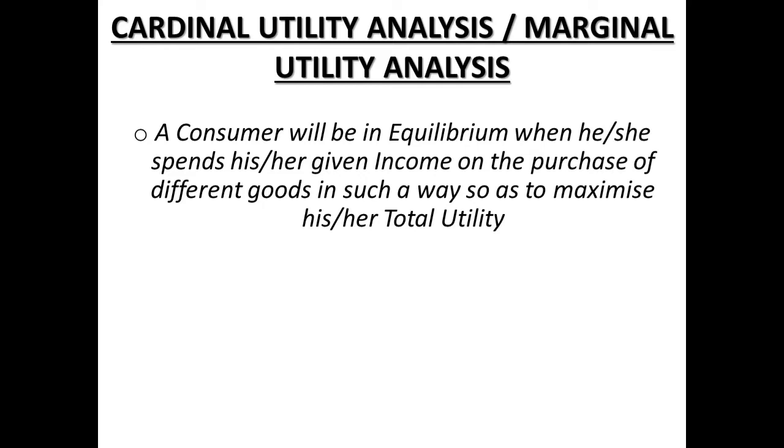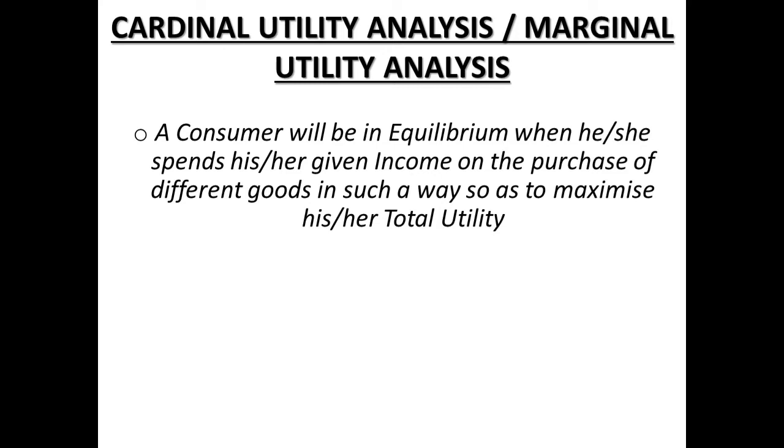Now the statement given in the book is, a consumer will be in equilibrium when she spends her income, her given income. Why given? Because we will be considering income as given, and this variable of income will not change throughout the study. We will be assuming it to be a constant one. We cannot make any changes in the income of the consumer. We assume it to be given.